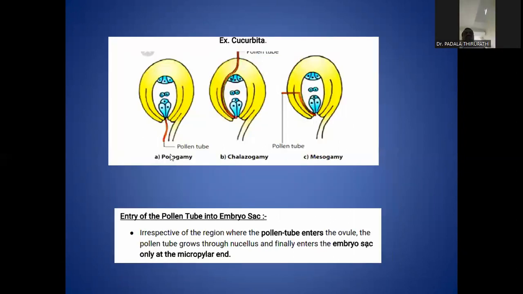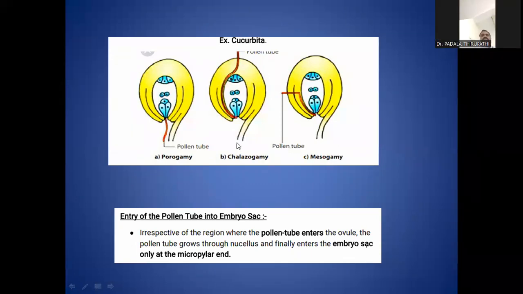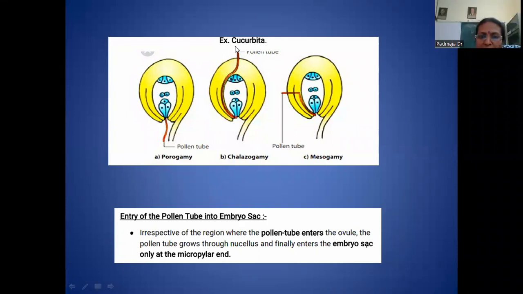And we also studied that the entry may be of different types. One time they asked the question, in which family the chalazogamy type of entry of the pollen tube takes place.